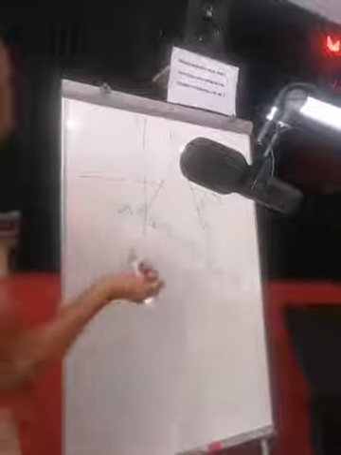And then we have calculated the equation. We determined the equation of line PQ, and we found that y equals 3x minus 2.